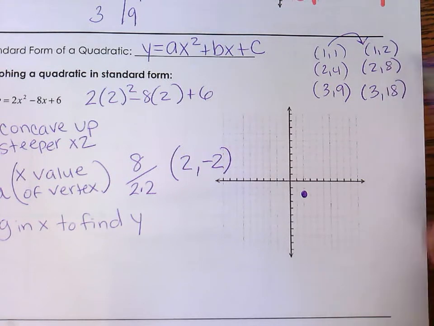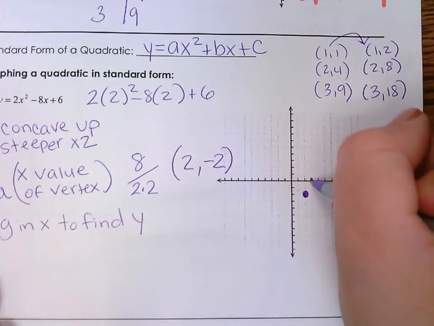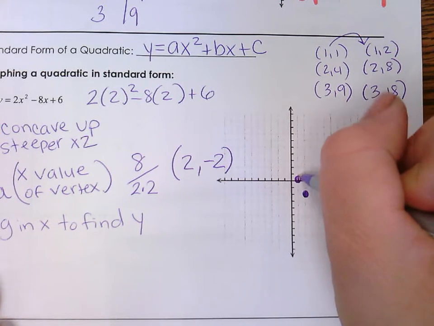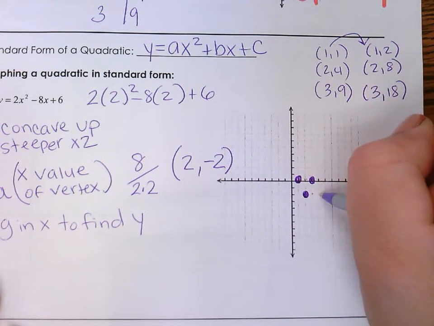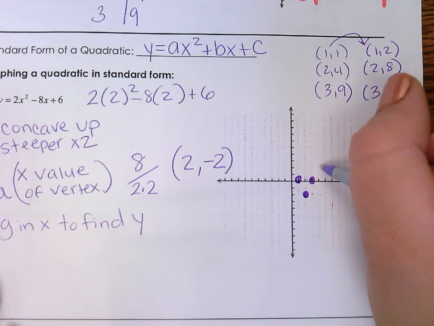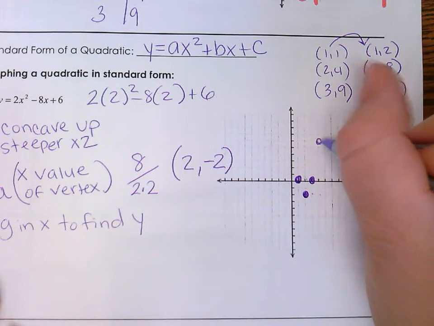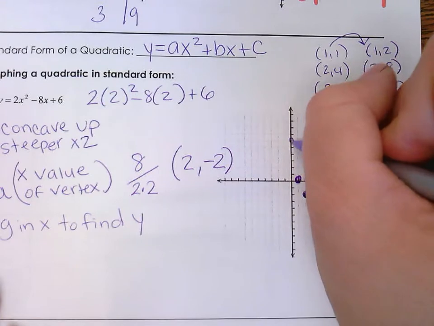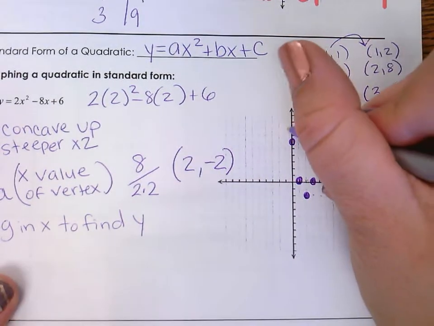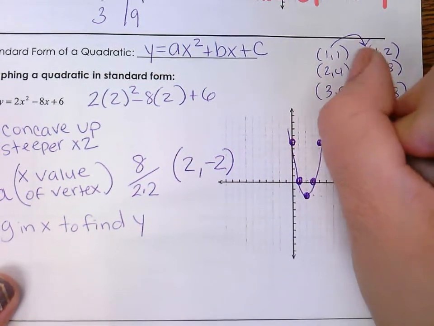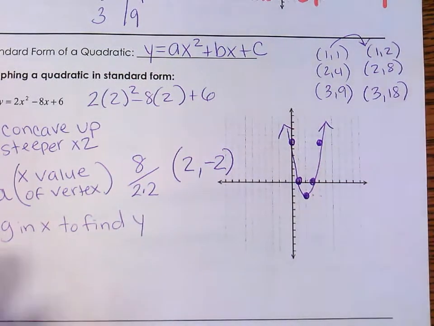So I'm going to go over from the vertex, over 1 and up 2, and then over 2 up 8 from the vertex. 1, 2, 3, 4, 5, 6, 7, 8. So that would put me up here at my y-intercept of 6. And that coincides with what the C value is telling us.